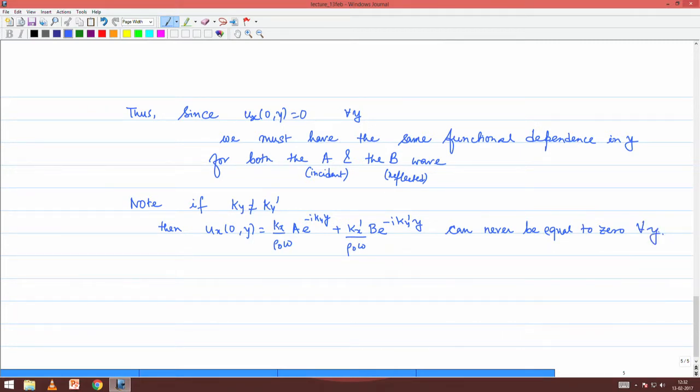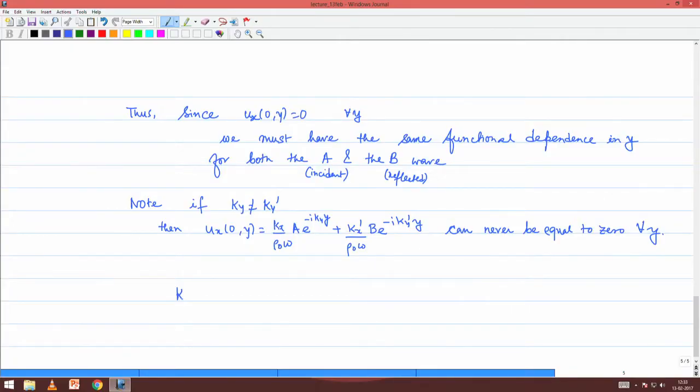That is not possible, because you are having two phasors in y which are rotating at different speeds. It is similar to saying that sin ωt plus sin 2ωt, there is absolutely no way in which this summation will go to 0 for all times, right. At certain times it might, but for all times it will never go to 0. So, the only possibility that is left with us is to choose k_y equals k_y'. So, therefore, this is what k_y' has got to be.